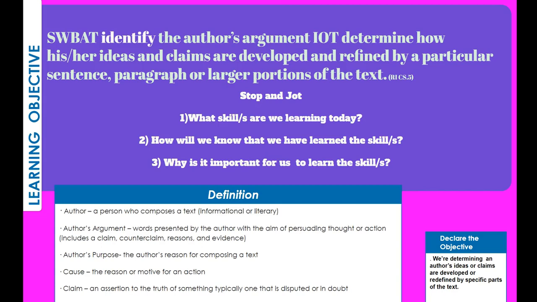You guys got to learn how to eat the meat and spit out the bone. That is a very good concept that you need to make sure that you know. Anytime we're talking about developing, we're talking about the details and the support that the author provides to prove or to hold up what they're saying, okay?